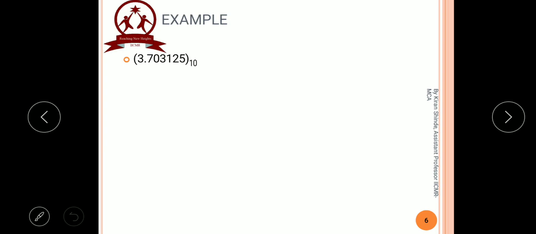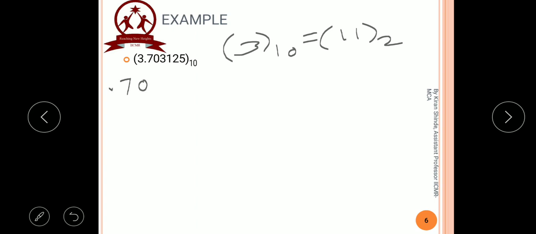Now in this problem, we are given a decimal number with fraction as 3.703125. Now we already know the binary equivalent of 3 is nothing but 11. So we will just write it one side. And now we will start multiplying the decimal part, that is 0.703125 into the target base 2.